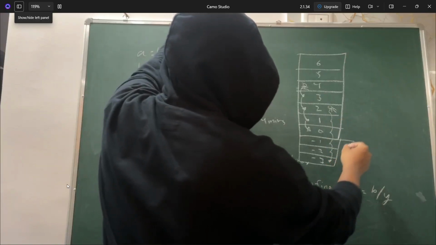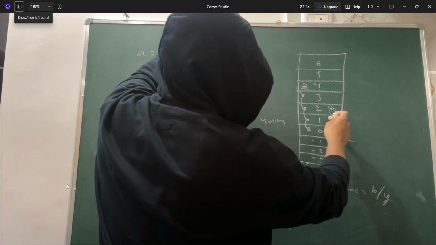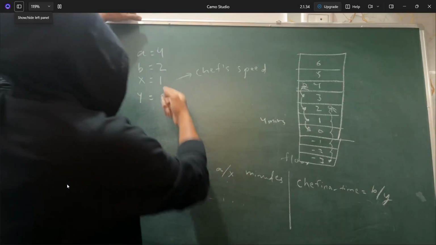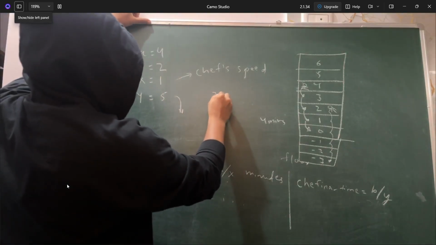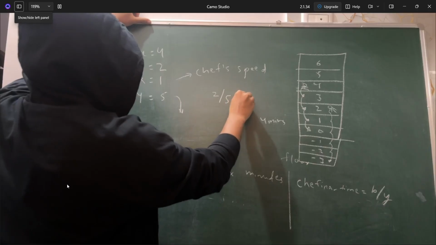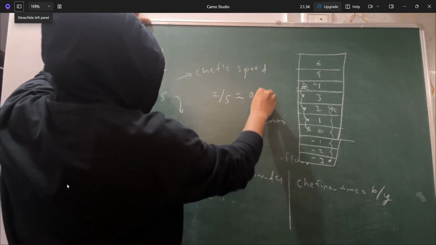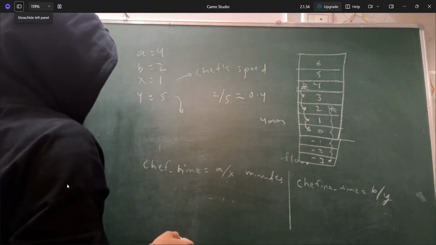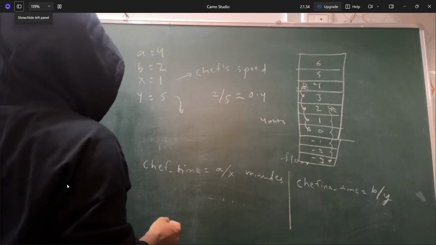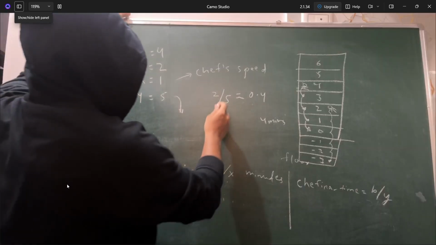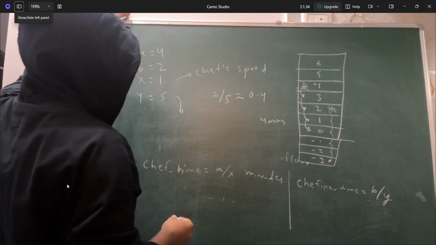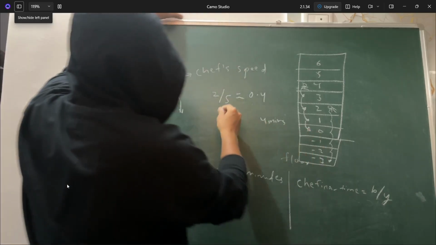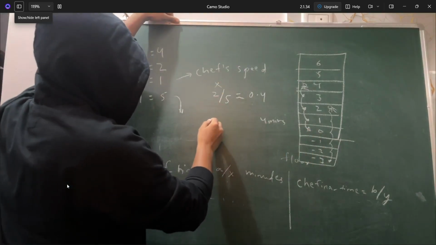So we need to think about how much time she takes per floor. If you divide 2 by 5, this will give you 0.4. I mean, not 0.4, I think it will be 1 by 5.